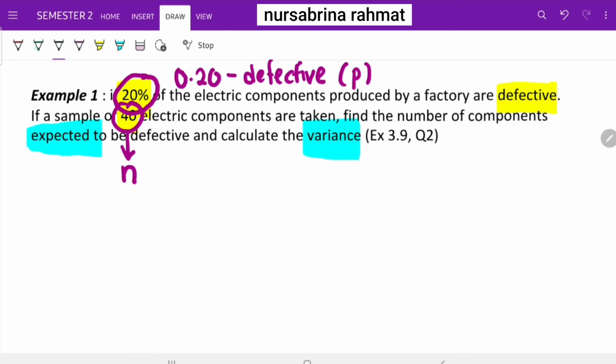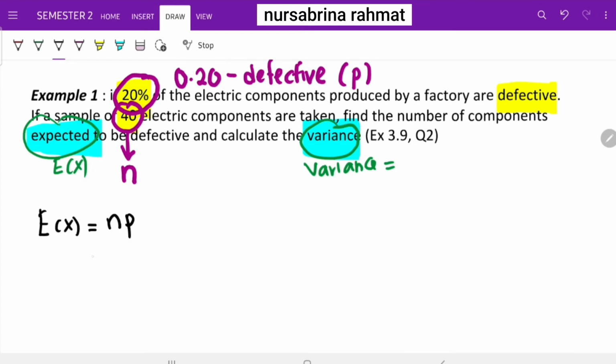The question asks you to calculate E(X), the mean, and the variance. The formula is E(X) = np. Your n is 40 and your p is 0.20. Press your calculator: 40 times 0.20 gives 8. So the expected number of defective components is 8.